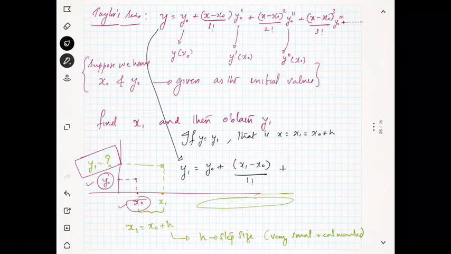then we will find x minus x0 the whole square divided by 2 factorial. So instead of x, I am going to use x1.